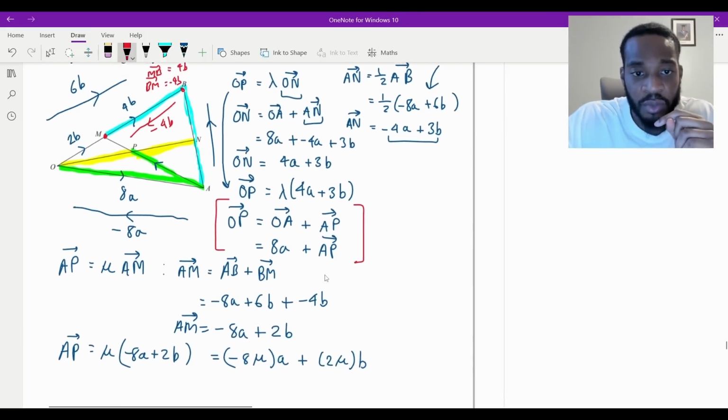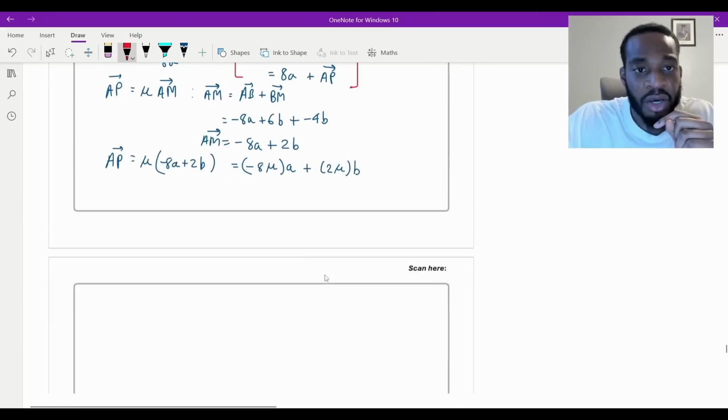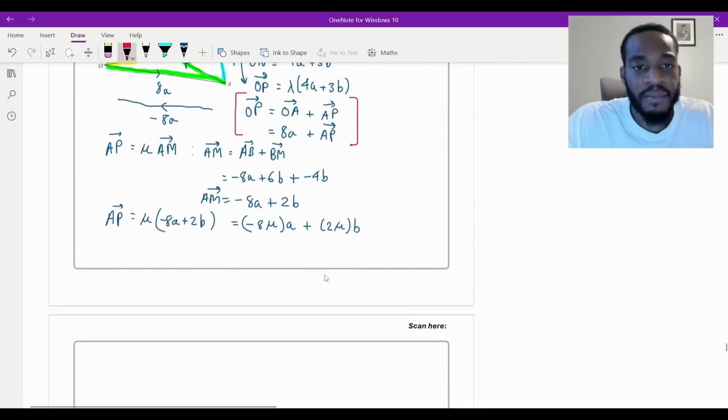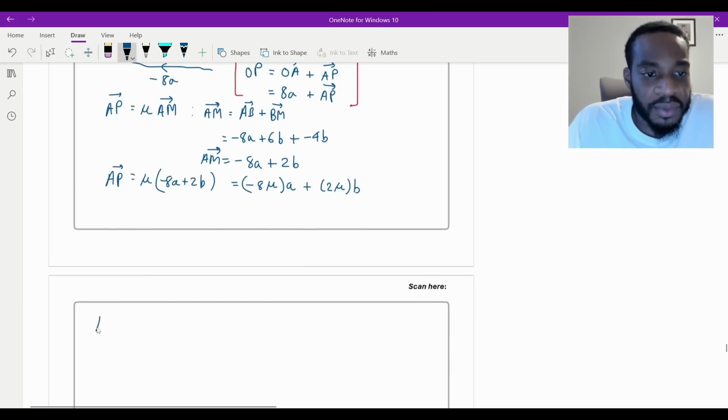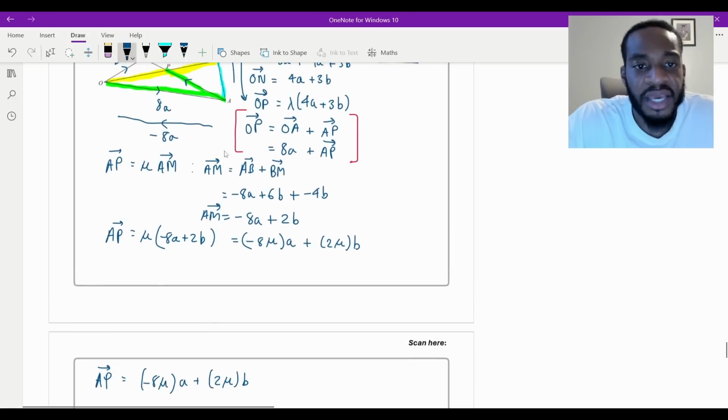So I'm going to go to the next page and continue. I think it's easier to write. I'm going to say that A to P is equal to minus 8 mu A plus 2 mu B. And then remember, O to P is what we're looking for.